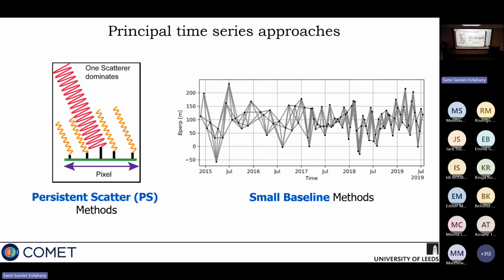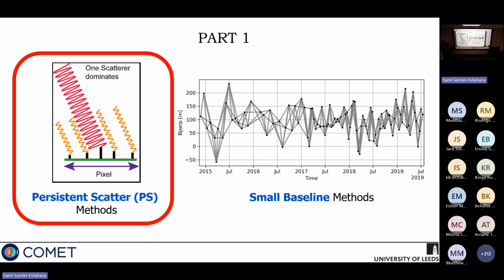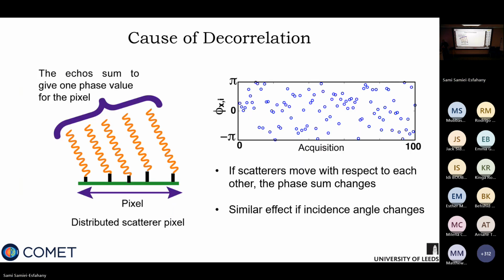There are some subtle variations on that I'll come to, but I think it's fair enough to split them into these two main categories. So I'll talk about persistent scatterers, or PS, first of all. Persistent scatterers is the general term. Permanent scatterers is a particular technique that's operated by TRE Altamira. So I'll talk about persistent scatterers in general.